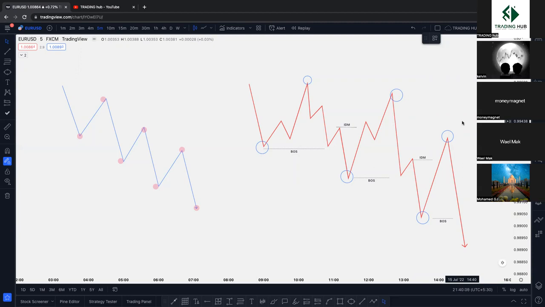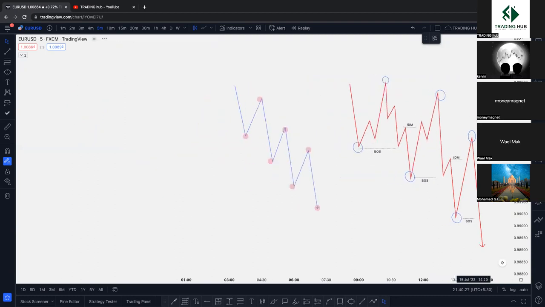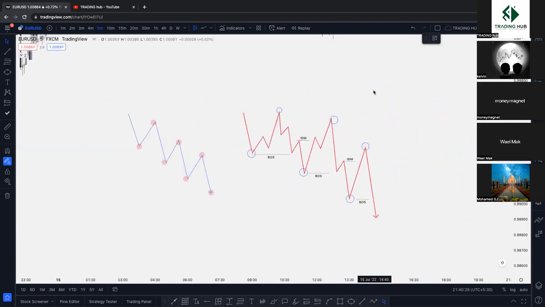For example, when we are taking entries and the price comes to our supply or demand, do we have to use the normal structure or the advanced structure? Actually, when the market taps on supply and demand, you don't always need to wait for this structure.